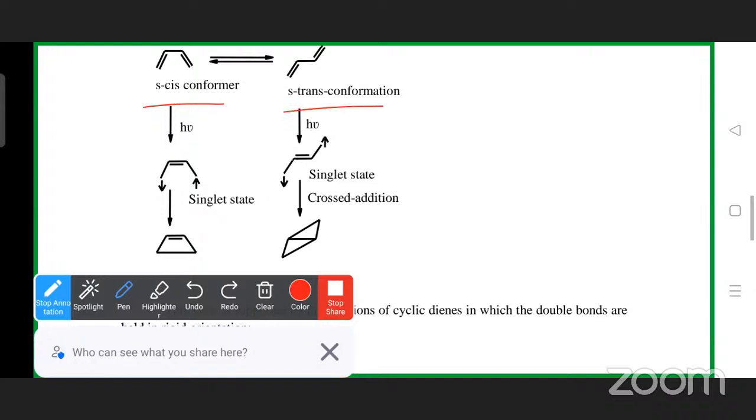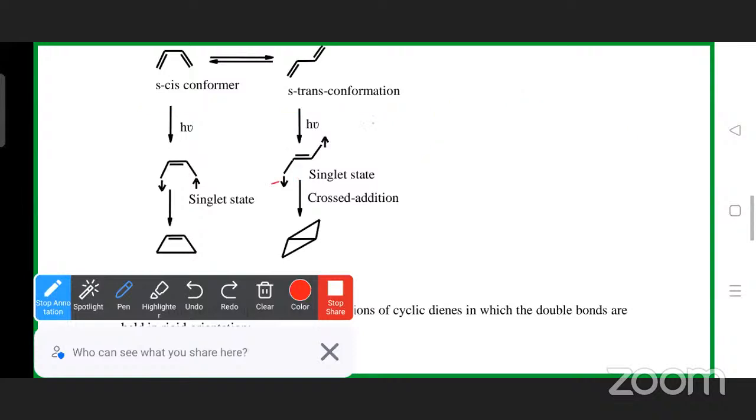So when this s-trans conformer is involved in the reaction, when these two bonds undergo homolytic cleavage, then these radicals combine and it forms this double bond.